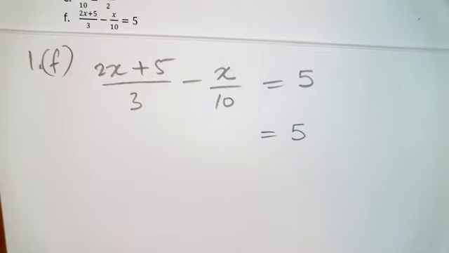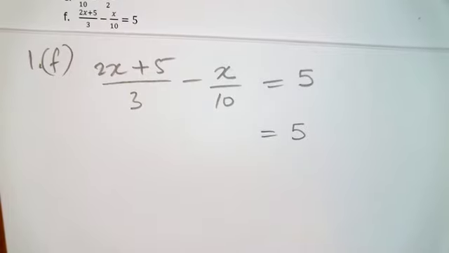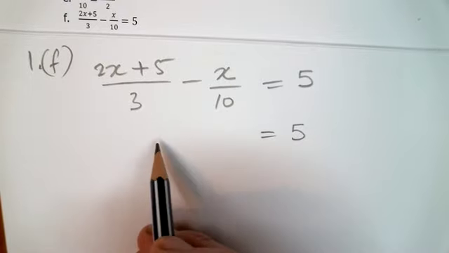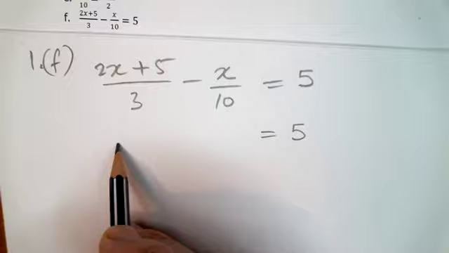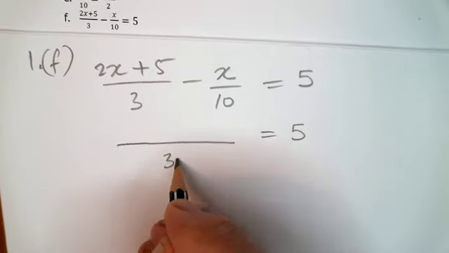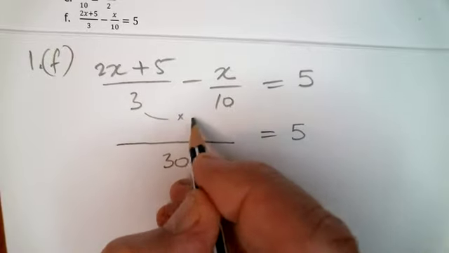So again, when you're turning these into a single fraction, I can first of all do this simply by going long vinculum. 3 times 10 is 30. So I'm multiplying the 3 by the 10.